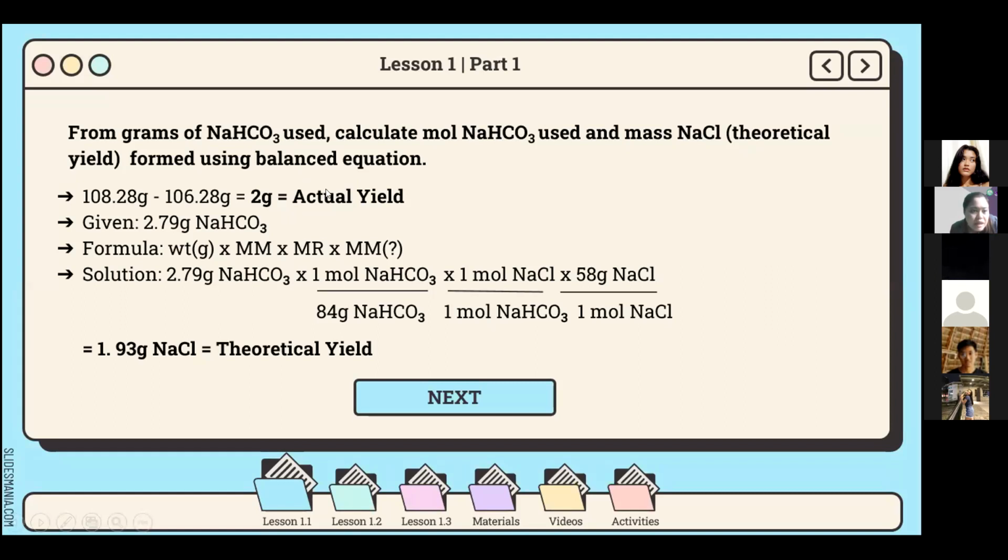The question asks for both moles and mass. So again, the actual yield is 2 grams. Your solving is lacking, class, because if you read the problem properly, it asks you to calculate both the moles and the mass. The mass should be in grams. So this one is correct. This is in grams.